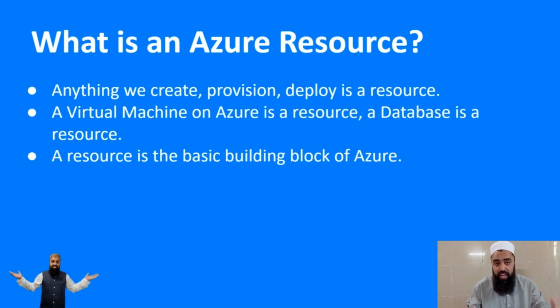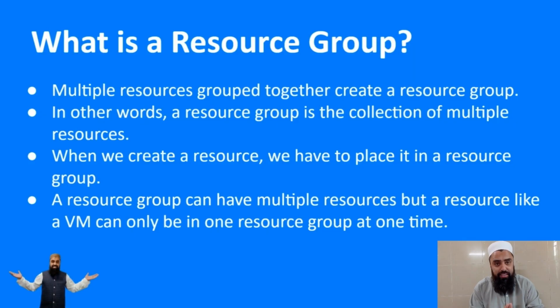We have already discussed the Azure hierarchy in our previous chapter, in which we discussed that an Azure resource is the basic building block of Azure Cloud. So an Azure resource means a virtual machine, a storage account, a virtual network. And what is a resource group? As the name says, if we group multiple resources into a single group, this is known as a resource group.